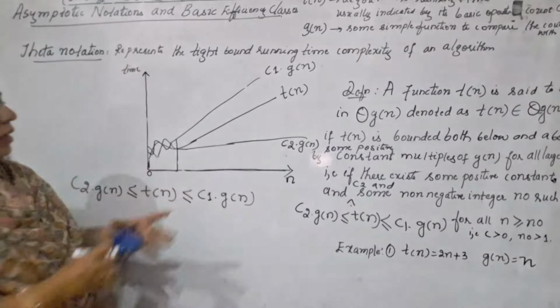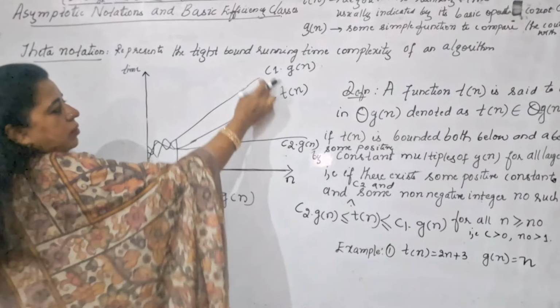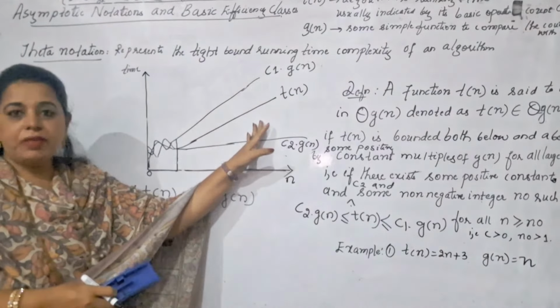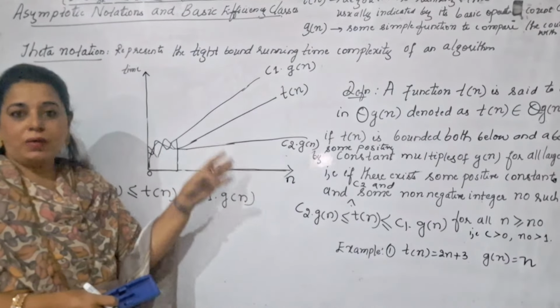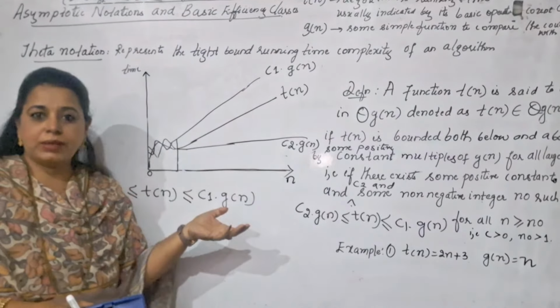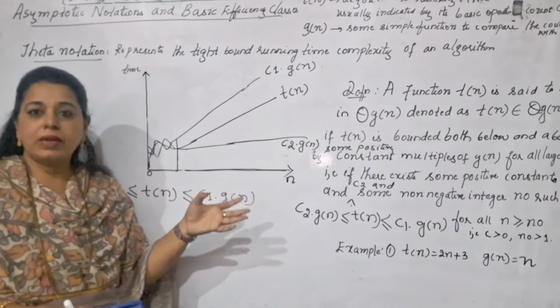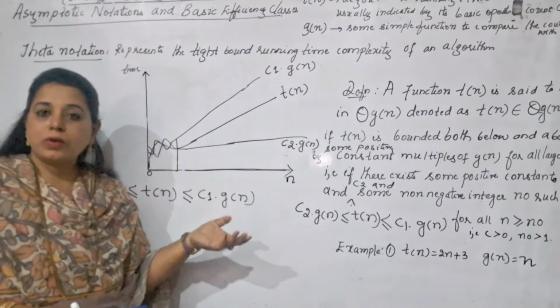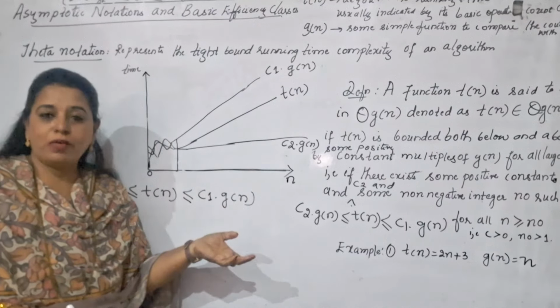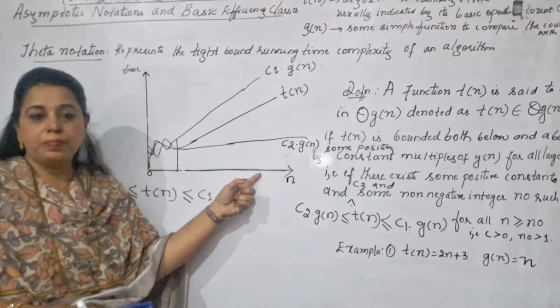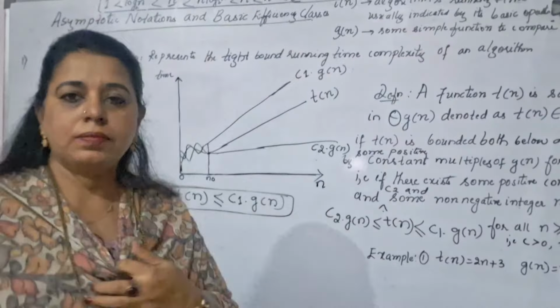As you can see, c1 of g of n is here and c2 into g of n is here, and in between is your t of n. So in this case you are going to represent the tight bound running time of an algorithm. For any given example, we need to find for what values of c1 and c2 and for what value of n, t of n will lie in between these two functions.